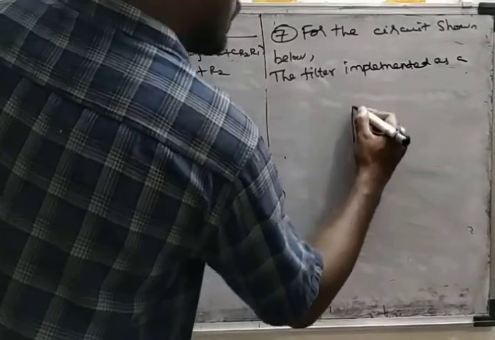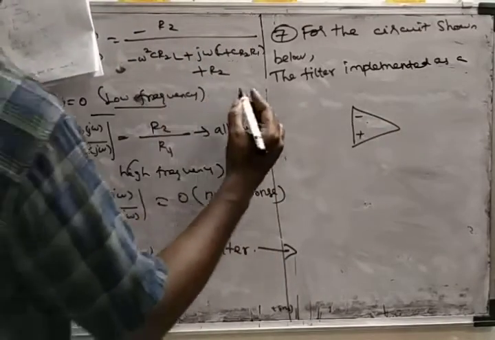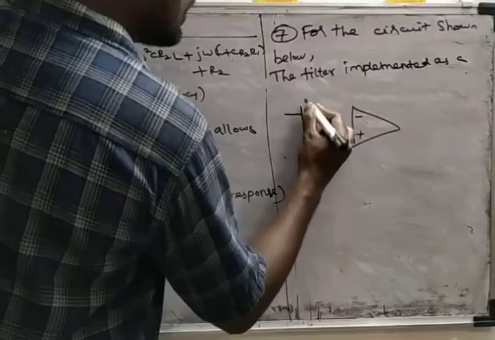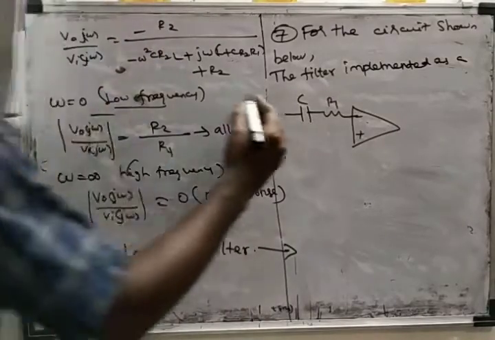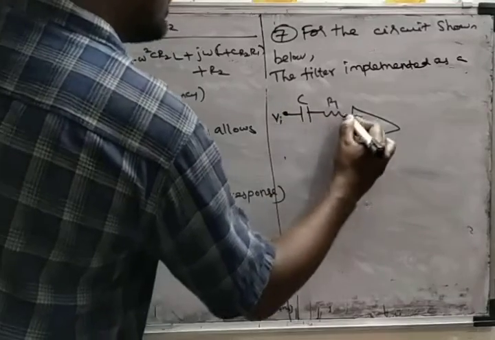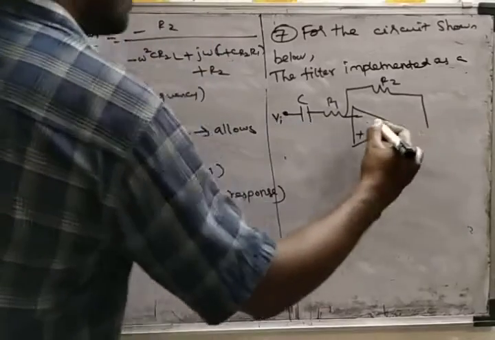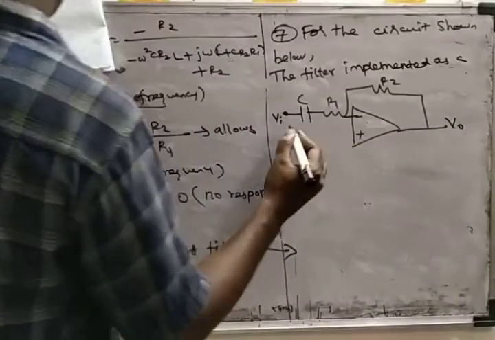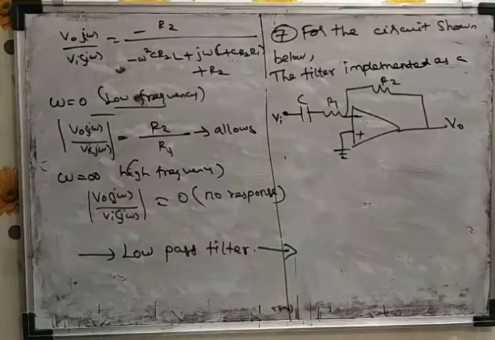The given circuit has an op-amp with minus and plus terminals, a capacitor C, R1, input VA, R2, output V0, and a grounded terminal. Here also we have to check whether it is a low pass, high pass, band pass or band stop filter.